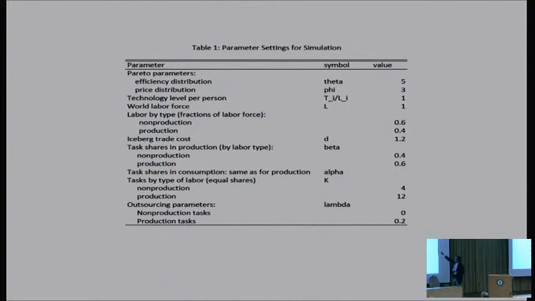We're going to say that 60% of the workers are non-production and 40% production workers. Those are going to be our 2 skill types. We're going to have 12 tasks for the production workers, 4 tasks for the non-production workers. We're going to say the non-production workers can't be outsourced, so those tasks are always performed by labor. The production tasks can be outsourced.